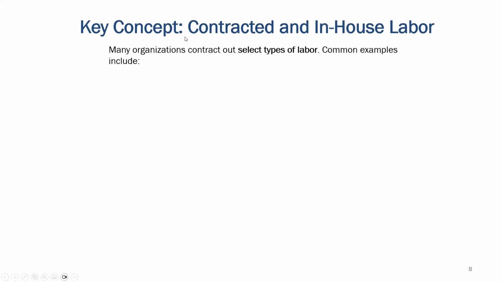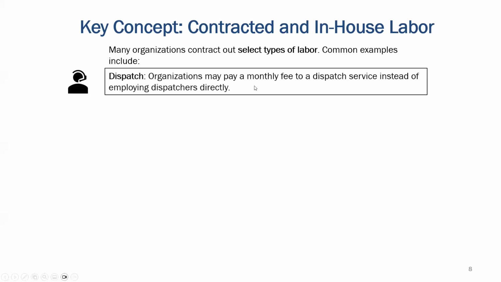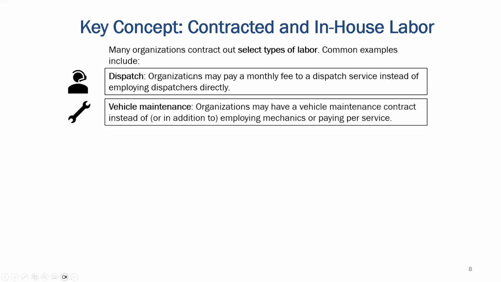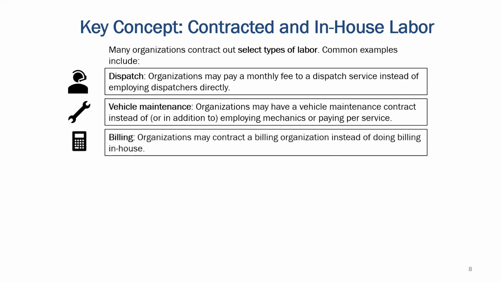So let's walk through a couple examples. For dispatch, many organizations pay a monthly fee instead of employing dispatchers directly. For vehicle maintenance, it's common to have an overall vehicle maintenance contract rather than just paying every time you need work done on your ambulance or another non-ambulance vehicle.